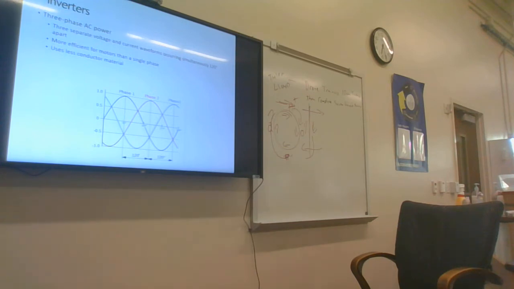I have a voltage between 1 and 2, a voltage between 2 and 3, and a voltage between 1 and 3. I have 3 wires. I have 3 separate voltages that are each in 3 separate balanced phases with each other. So literally, the magnets are pushing the electrons out of this coil, through the load, into this coil, and as they rotate, they go back out of here, through the load, and into this, and they just chase around.